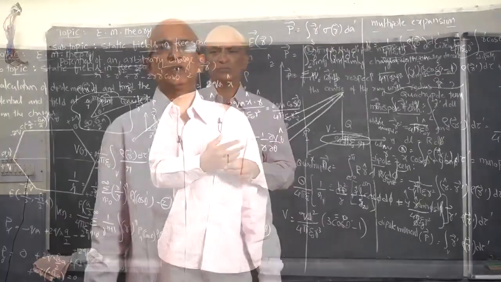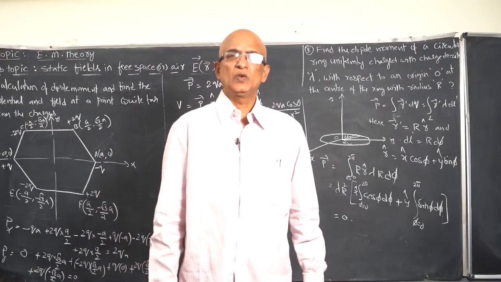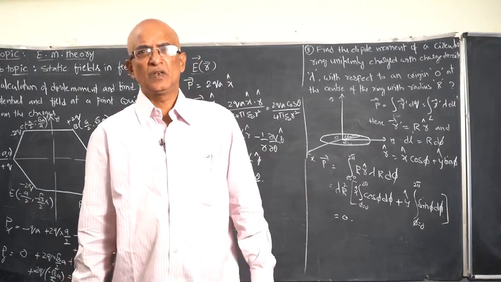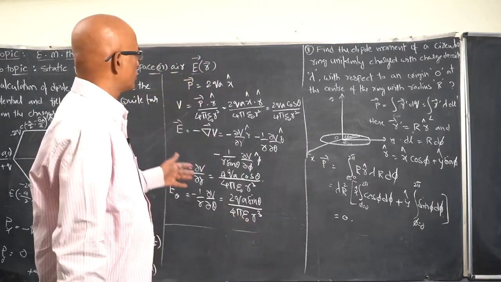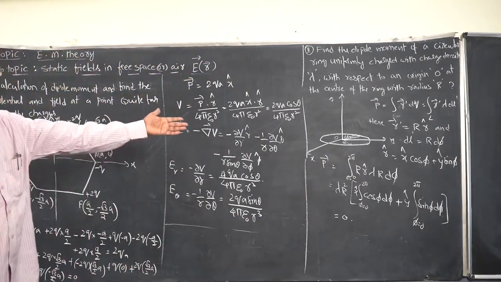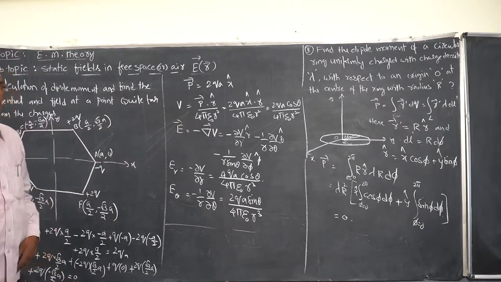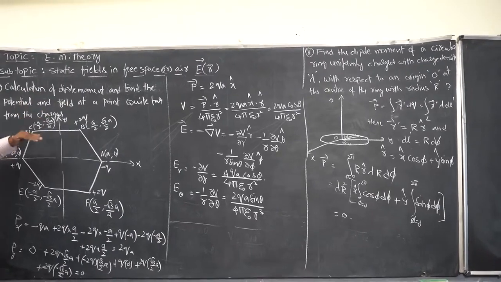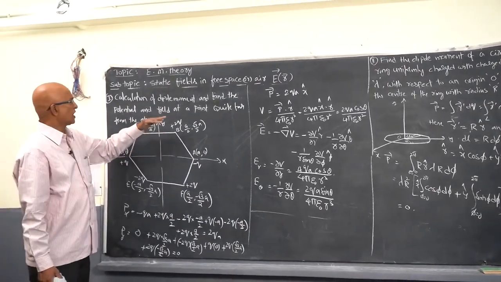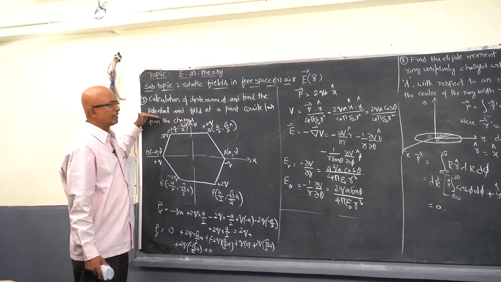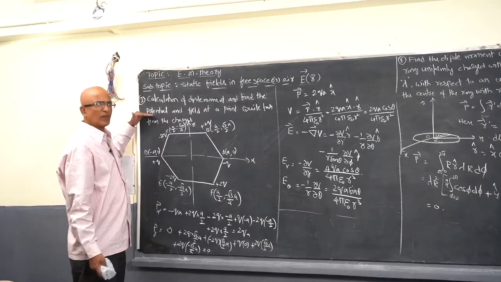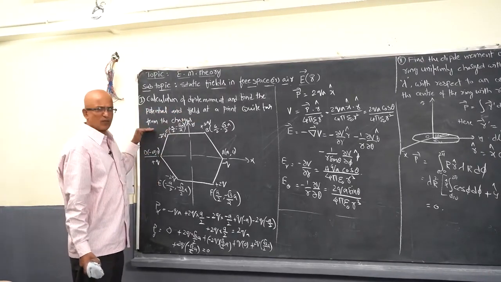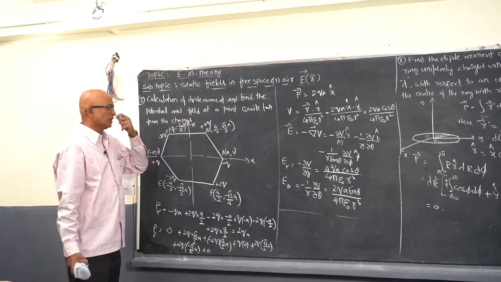Let us see two problems which illustrate the calculation of the dipole moment, one in case of a discrete charge distribution, another in case of a continuous charge distribution. This is a problem where we are calculating the dipole moment of this discrete charge distribution, and then after calculating the dipole moment, we are also finding the potential and field at a point quite far off from the charges, in the same plane.